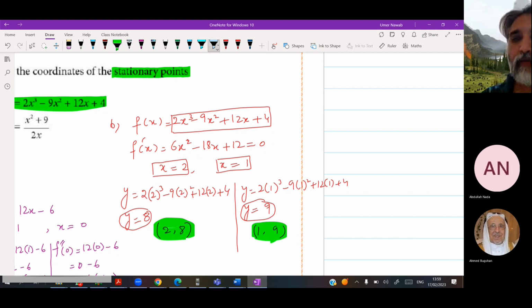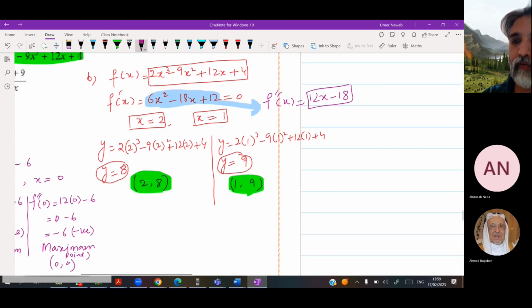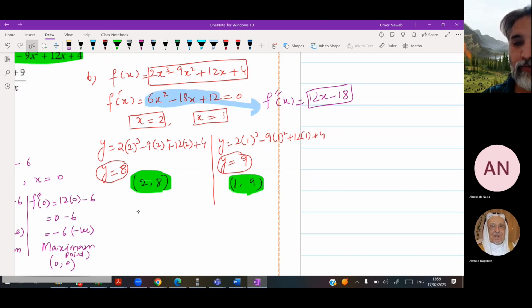For this, I will focus on my first derivative, which I found here. I'll try to find its second derivative. So second derivative, f double dash of x, or f double prime, will be 12x minus 18. Now in this second derivative, one by one, I will substitute the values of x.